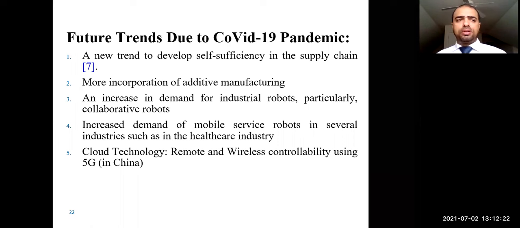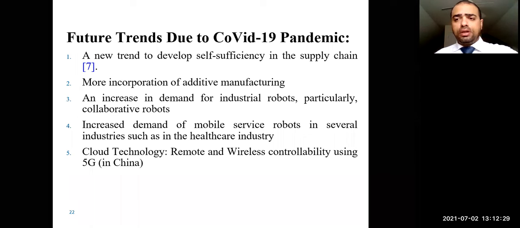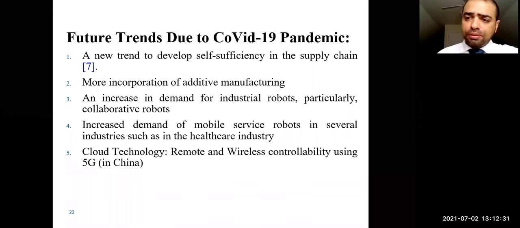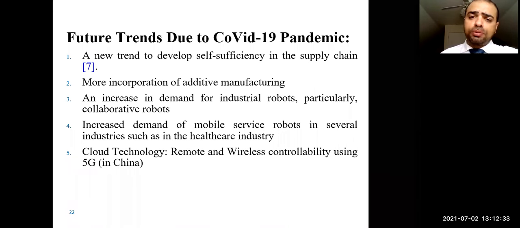This is basically one of the main strategies that will be followed by many of the big manufacturers: how to develop self-sufficiency in the supply chain. More incorporation of additive manufacturing, like I mentioned before, increased demand of robotics, particularly intelligent industrial robotics.